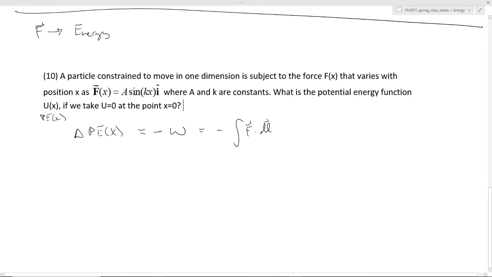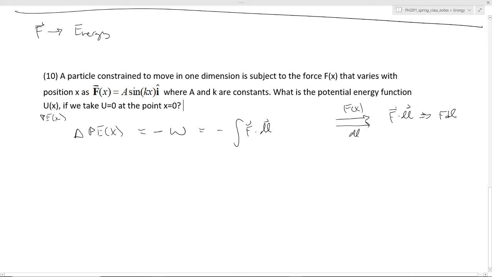Now, notice we are assuming, although technically it's the dot product, that our f of x and our dl are aligned. In other words, that the f dot dl becomes f dl, right? So technically the f dot dl would be the more correct, or more complete definition.